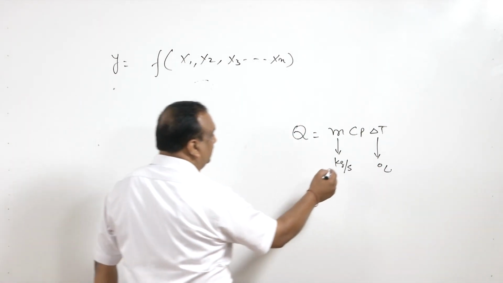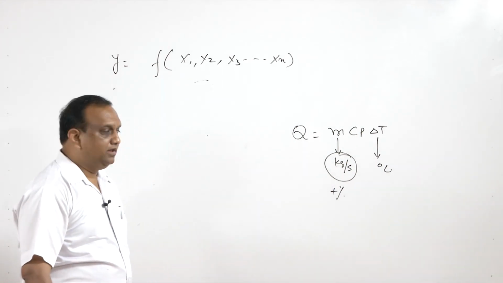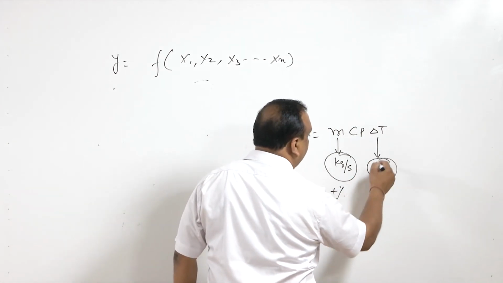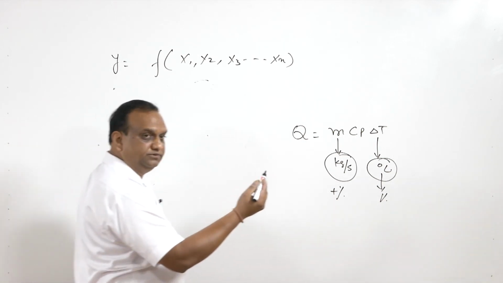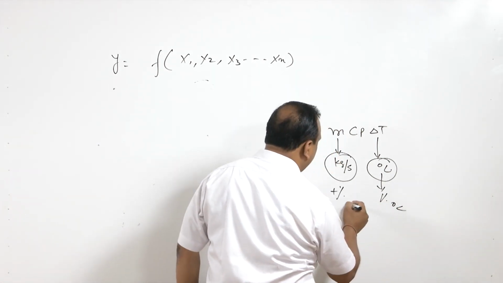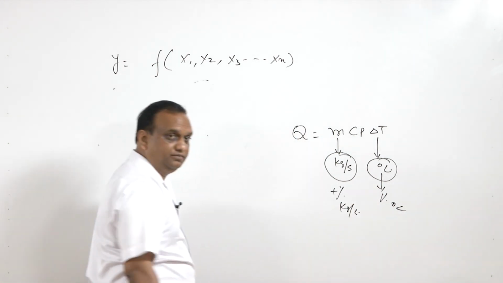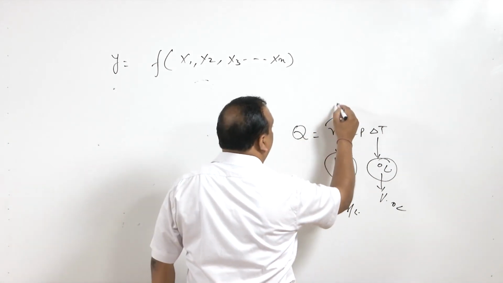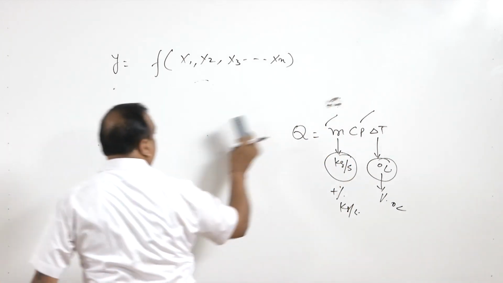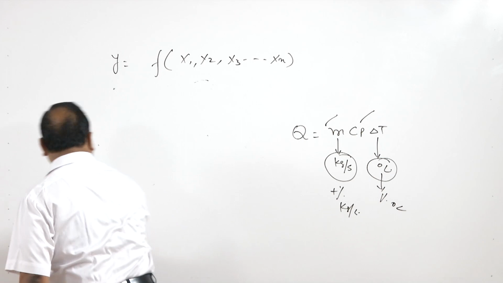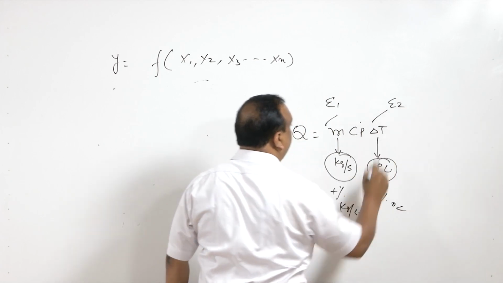While doing this measurement, it will incorporate certain error, and the measurement of temperature will also incorporate certain error, maybe expressed in terms of percentage or in absolute terms in degree centigrade, kg per second. Now these two errors will be accumulated. Suppose mass flow rate has E1 error and delta T has E2 error.